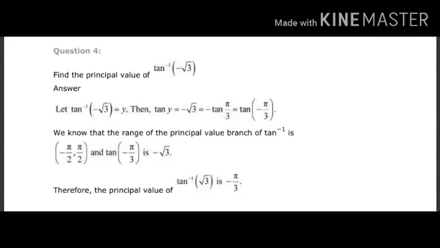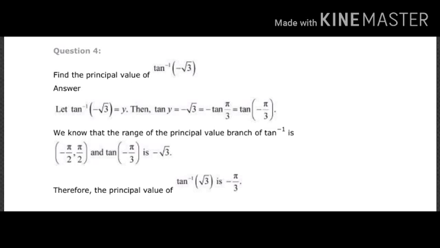Now question number 4, find the principal value of tan inverse minus root 3. Let tan inverse minus root 3 equal y, then tan y will be equal to minus root 3, and root 3 is tan pi by 3, so we can replace the value. If we take this minus inside, we'll be getting tan minus pi by 3.